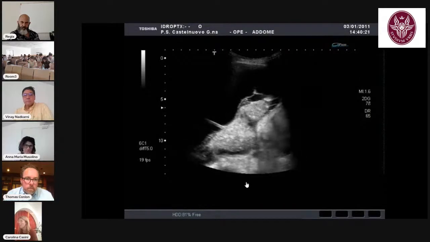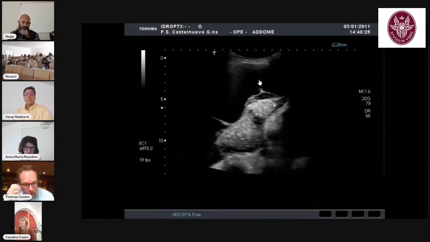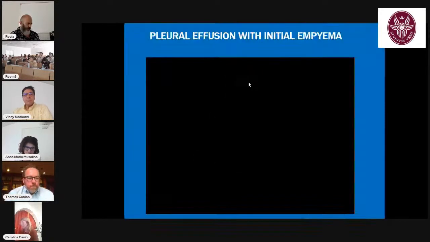We can see flattening fibrin inside the fluid effusion. This is a sign of initial empyema.